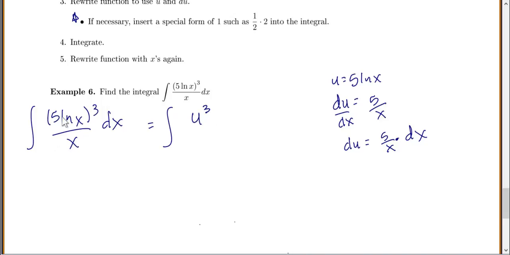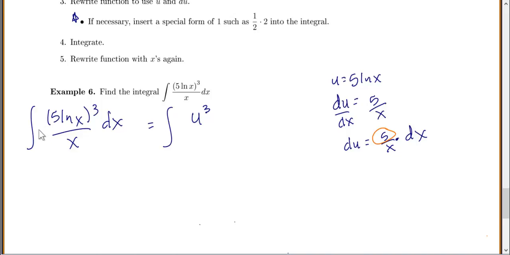And then this is like 1 over x dx. That's almost what I need. But do you notice this 5? There's a 5 here that I need, that I don't currently have because this 5 is going into the u. So I need a 5 here and I don't have it. Without that 5, I can't actually put du in. So how would we make a 5?